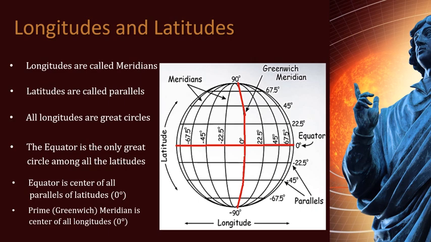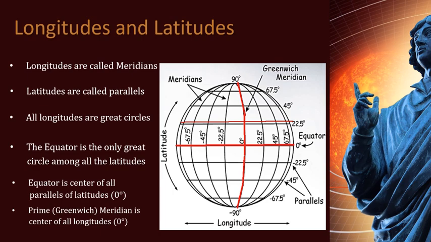So, here is an example of a picture of the earth's surface. We have meridians there, and we have some parallels of latitudes. Let me show you something important here. These lines that cut the sphere horizontally are latitudes.